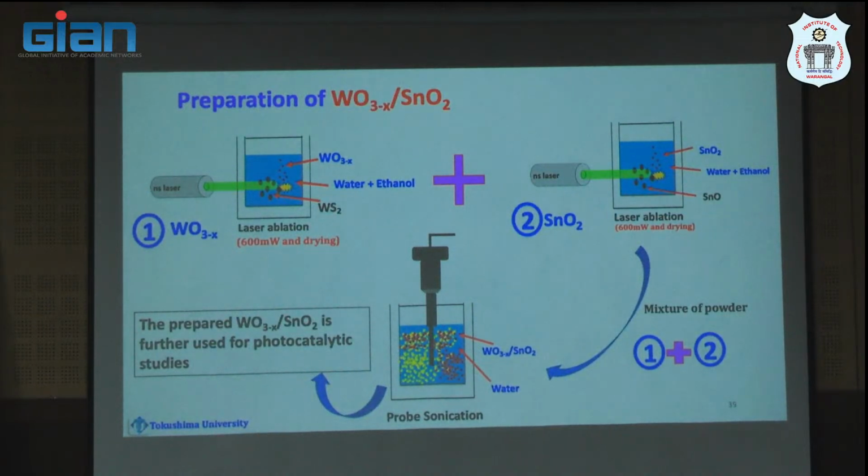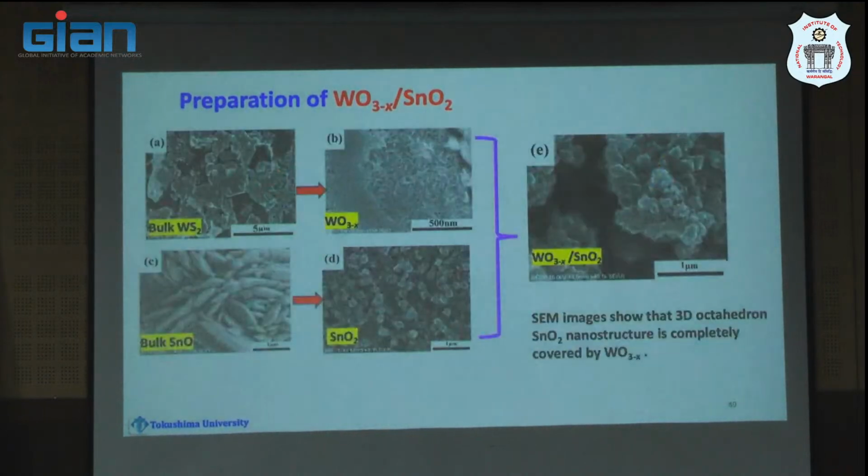That's why this result is interesting. Also, SnO: we took SnO and water is the solvent. Then SnO is transformed into SnO2. So we make both separately, then we just add them and do probe sonication for photocatalysis.